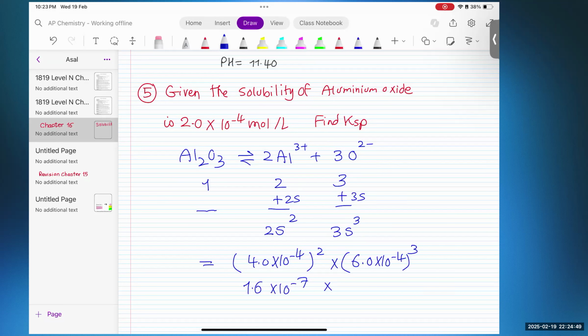No, my calculator is not helping with this one. 2.16, is it? 10 to the power of negative 10. So this number 2.16 multiplied by 1.6 gives 3.5, right? 3.5, and multiplying the powers of 10 gives 10 to the power of negative 17. Good, it matched mine. Did you get the correct answer? Yeah, I got this. Okay.